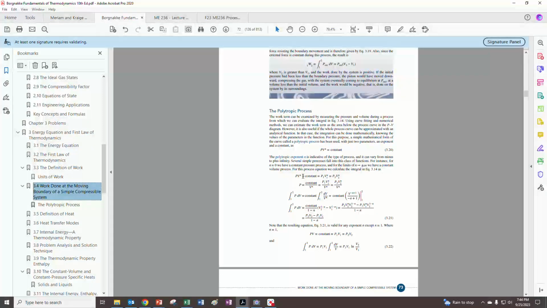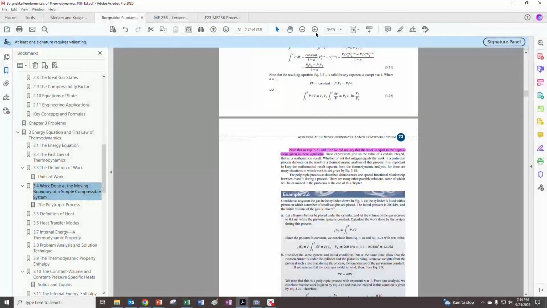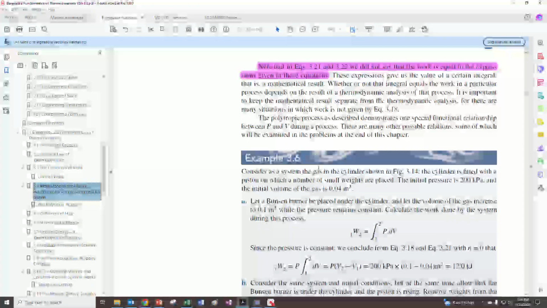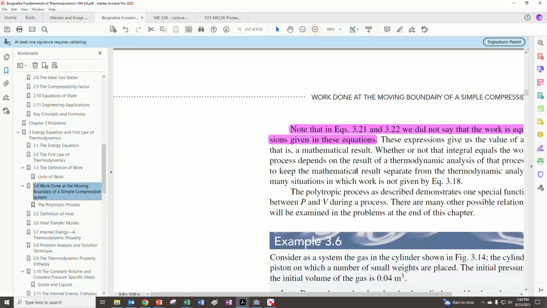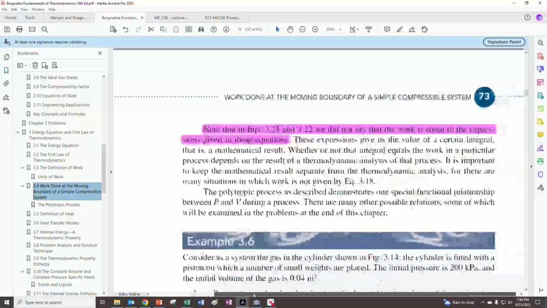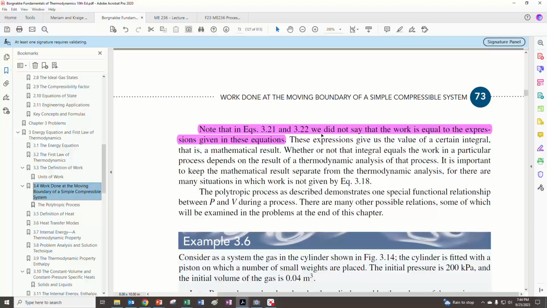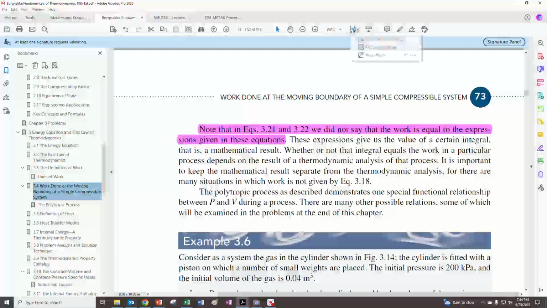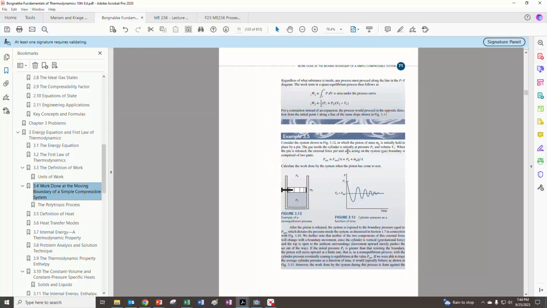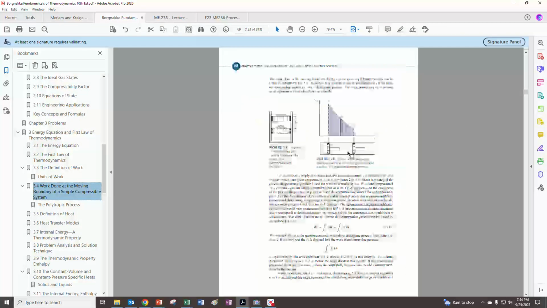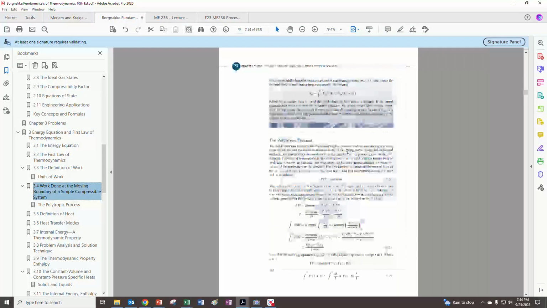We talk about the polytropic process, and here is what I wanted to point out to you. They can phrase it better than me, so I'm just regurgitating what they're saying. Note the equations up above. They're saying, in the polytropic process, in this one right here.